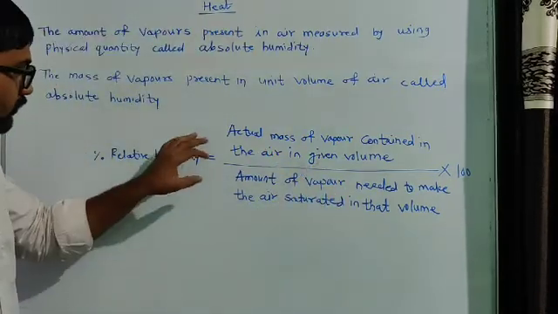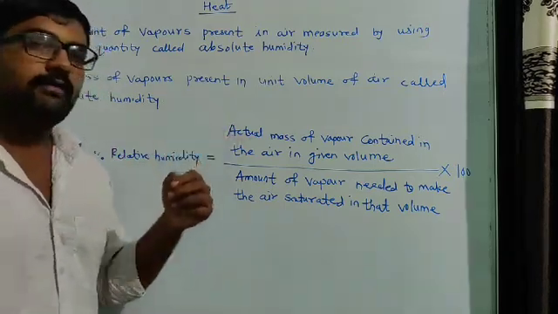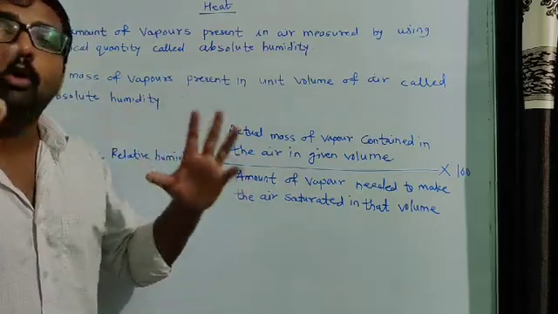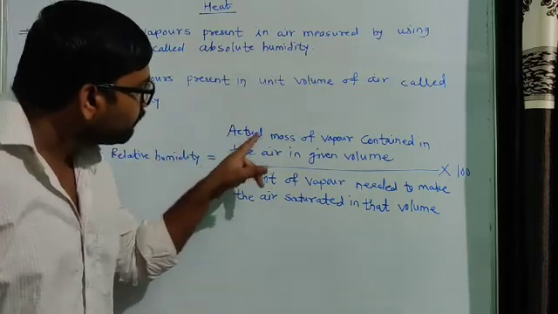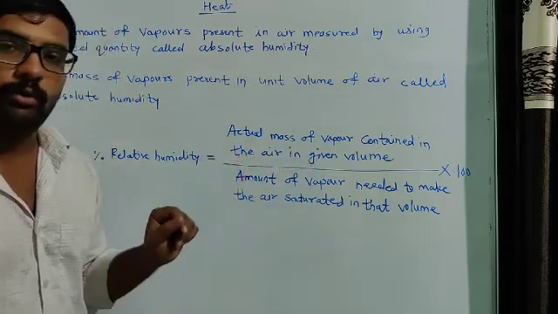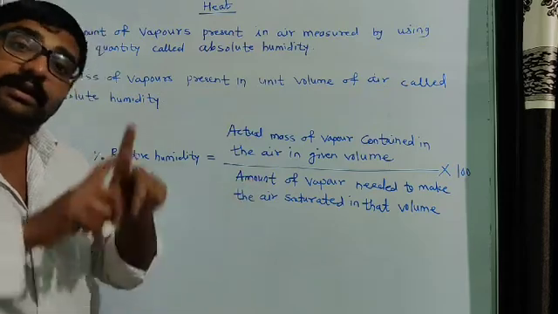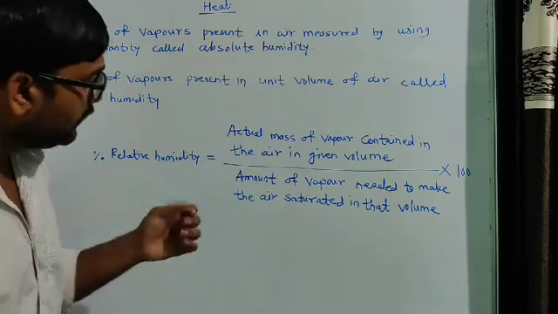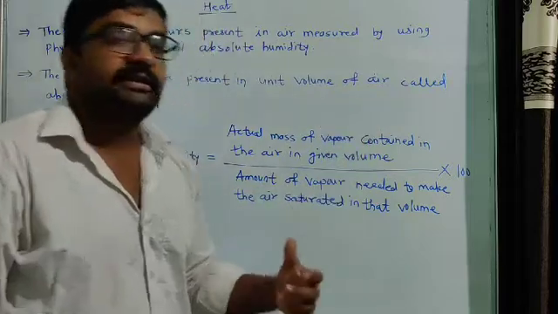To calculate percentage relative humidity, first we have to take a fixed volume of gas, and then measure the actual mass of vapor contained in the air in that volume, then divide by the amount of vapor needed to make air saturated in that volume.